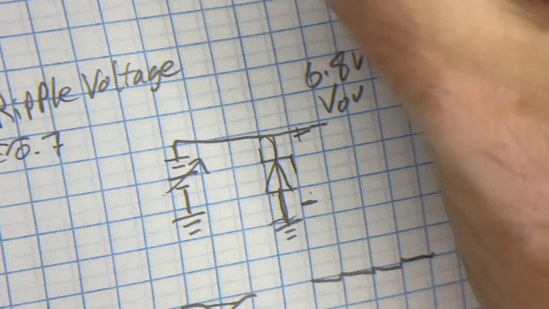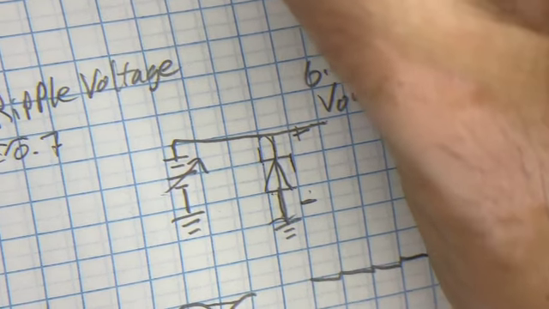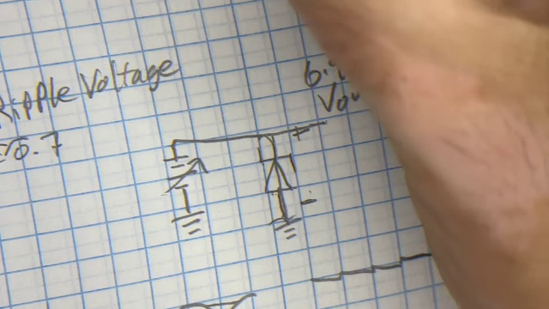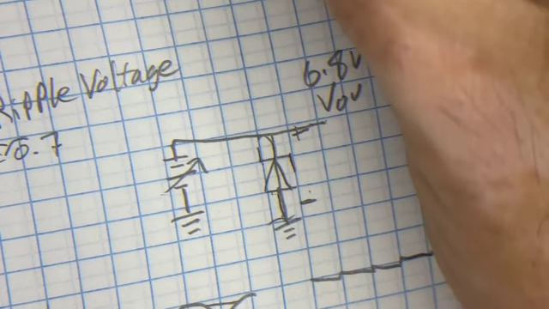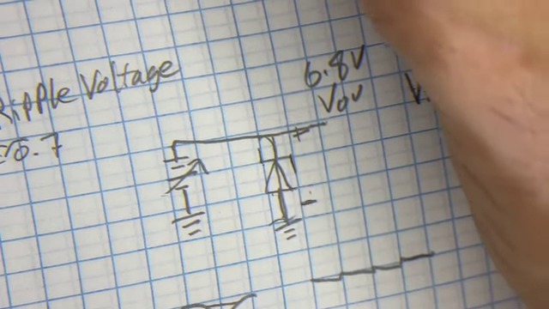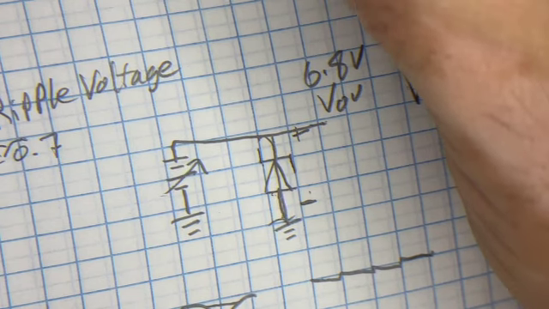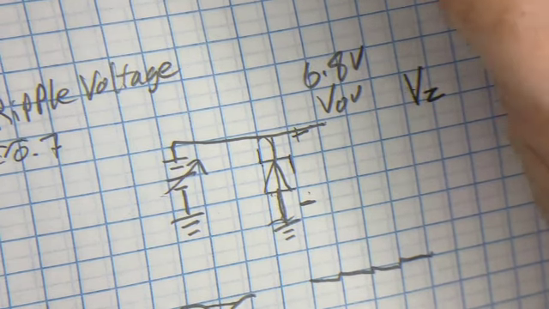So this is going to go to ground. This is going to have my Zener voltage here. And this will have my source, right? Should work.